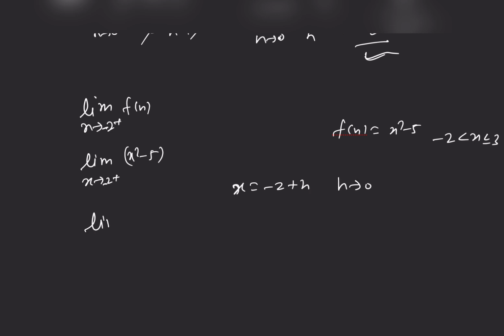We have to replace x with h. So here x square, now we have to convert in terms of h, right? So minus 2 plus h whole square minus 5.